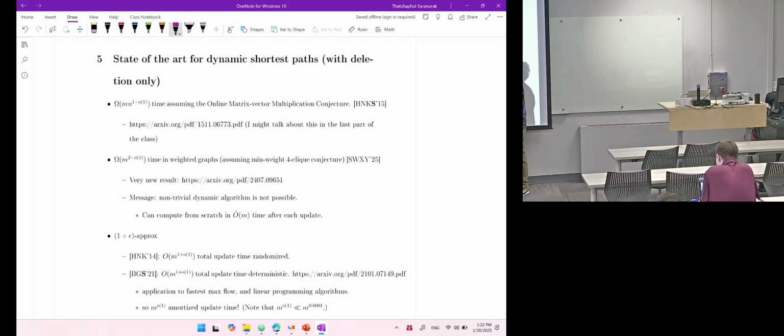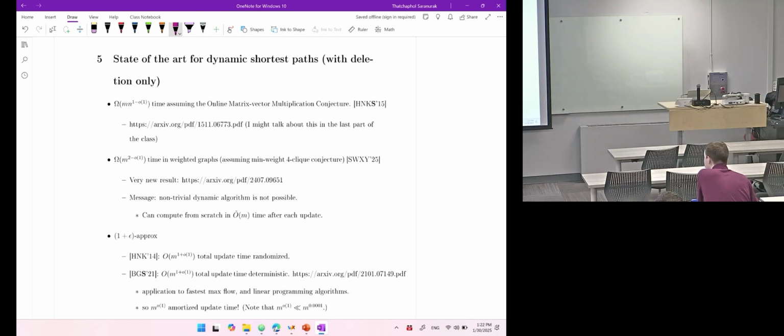So you cannot improve upon mn. If the graph is weighted, assuming other conjectures, you cannot even beat m squared. And m squared is just a trivial algorithm, right? You can just do Dijkstra from scratch at every update. That takes m squared, and you cannot improve that.